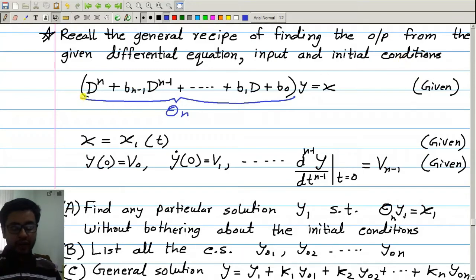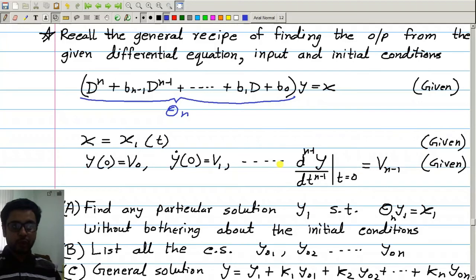So if a differential equation like this is given and the input also is given together with the initial conditions y(0), y dot (0) and so on, n number of initial conditions, the values given are y(0) equal to v0, y dot (0) equal to v1 and so on.